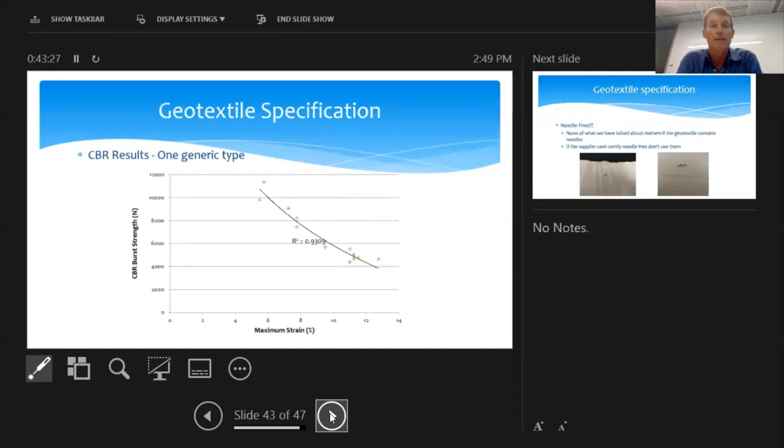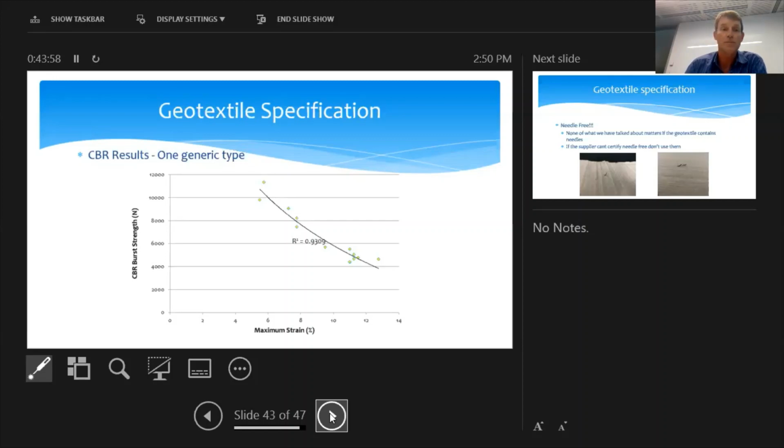But what is quite clear is that if you use one generic type, say a material from manufacturer A, and you just test manufacturer A's material, you can get very good correlation between CBR results and protection performance. But as soon as you change from manufacturer A to manufacturer B, you can't use those same criteria. So you really need to understand what you're testing, and you need to test with the materials that you're going to use on site.